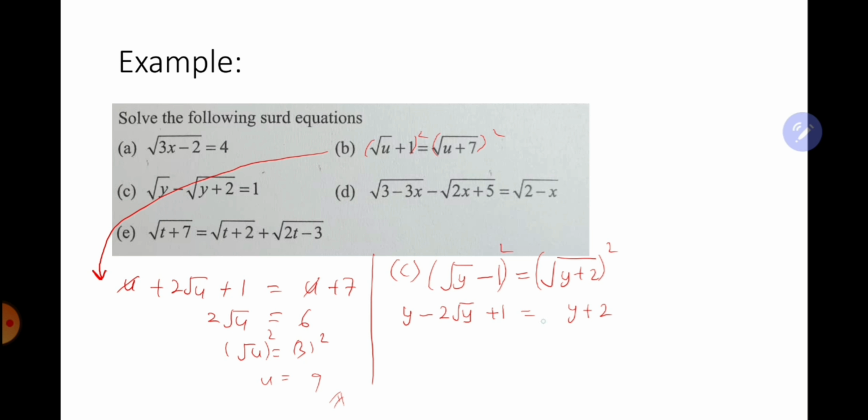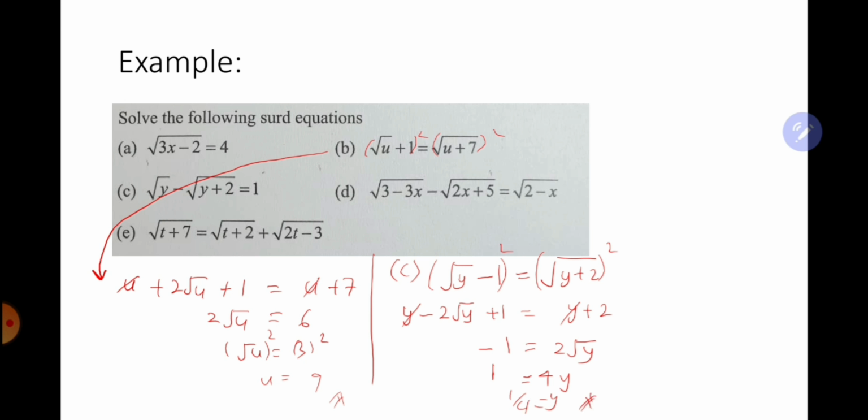Betul? Then here the y cancels and you will get 2 square root y equals to negative 1. Is it? So yang ni kita square again. We will get 4y equals to 1. So y will be equals to 1 over 4.